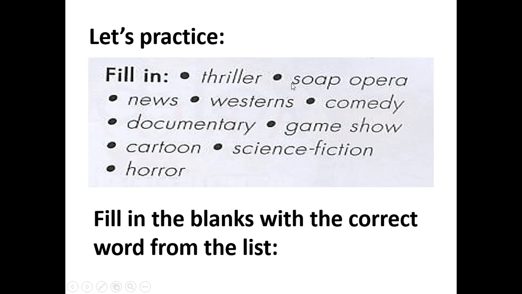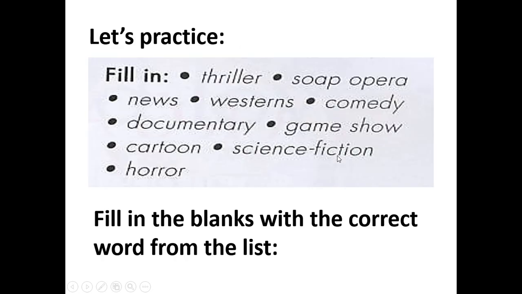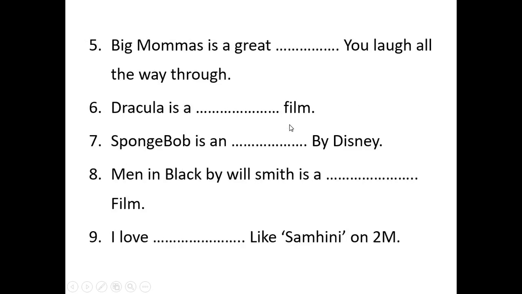Before you do the exercise, I want you to write this: thriller, soap opera, etc. Then you can move and complete these, 1, 2, 3, 4. Here we have some gaps, so you're going to complete them with one from the list. And then you have 5, 6, 7, 8, and 9.